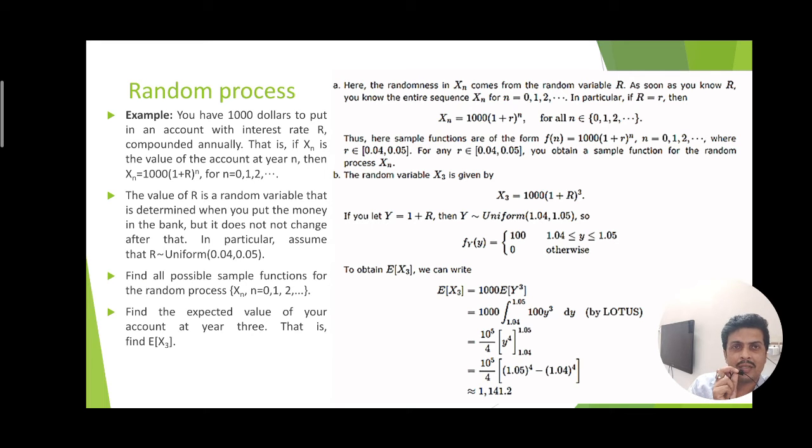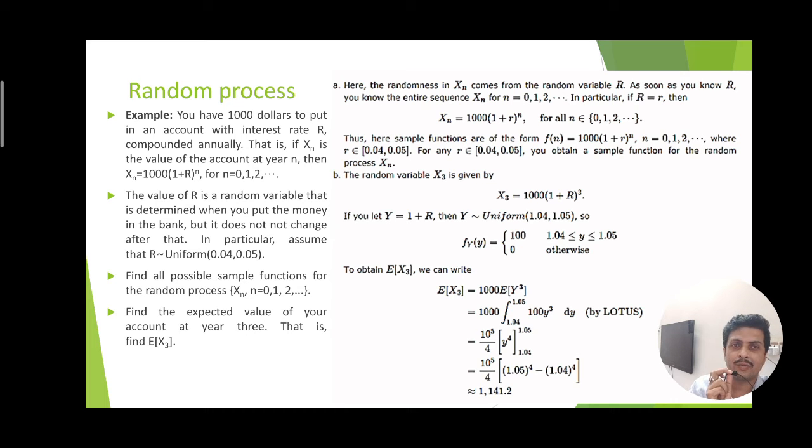An example given here: suppose you have $1,000 to put in an account with interest rate R compounded annually. That is, if xn is the value of the account at year n, then xn equals 1000 times (1 plus r) to the power n. So 1 plus r is a random variable.